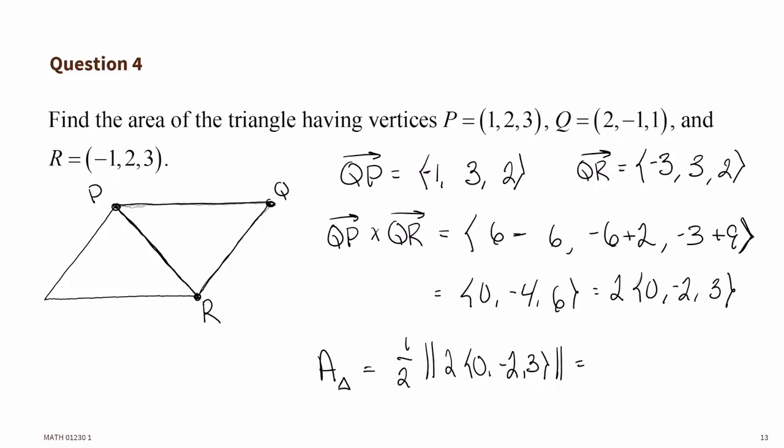We're just left with the length of 0, negative 2, 3, which is what? Root 13 is the area of our triangle.